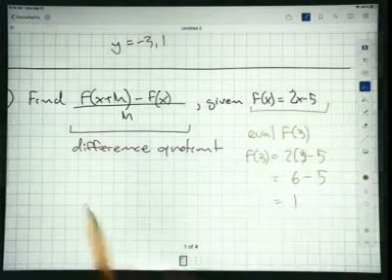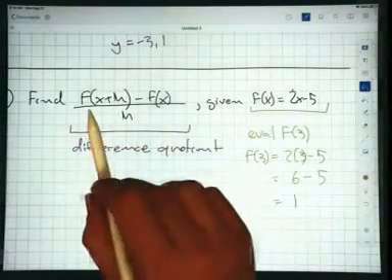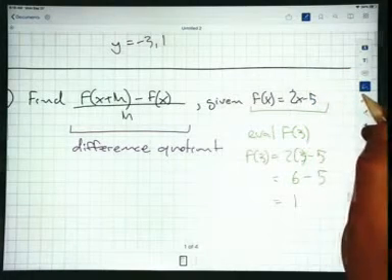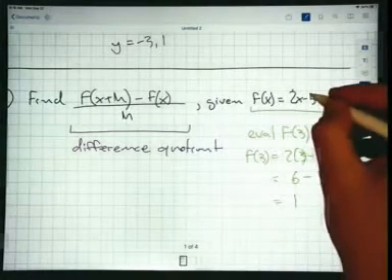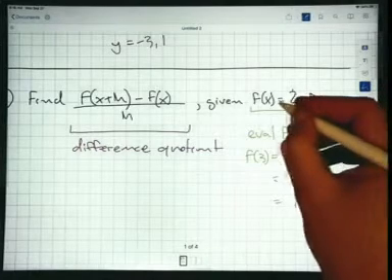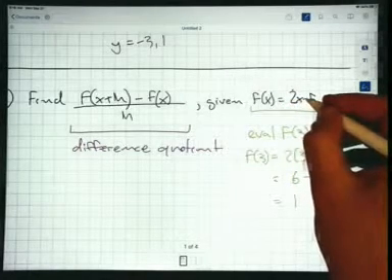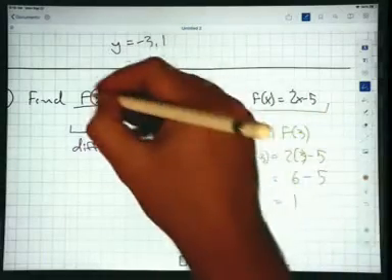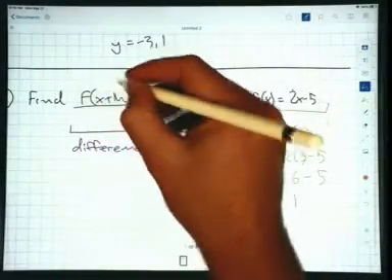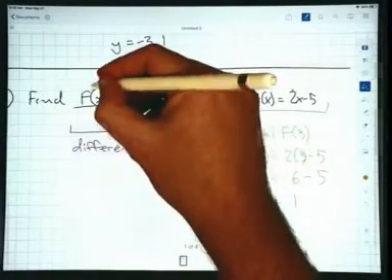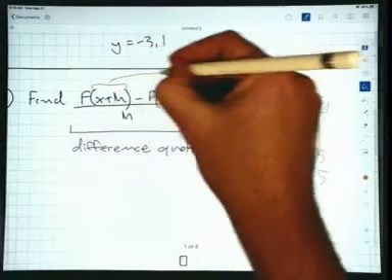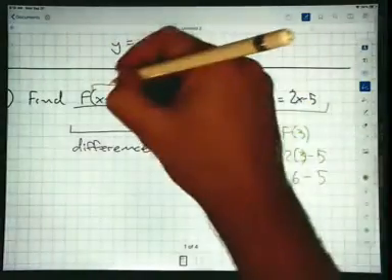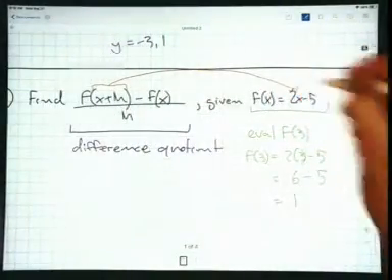Well, what we're told to do is evaluate this function, where we're letting f of x be equal to 2x minus 5. So when we see this f at x plus h, this is telling us to plug in x plus h for the x over here.